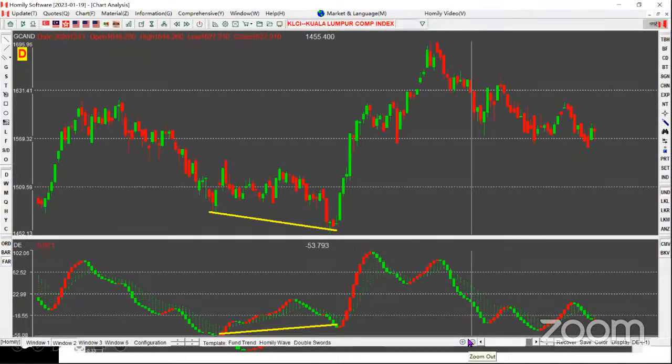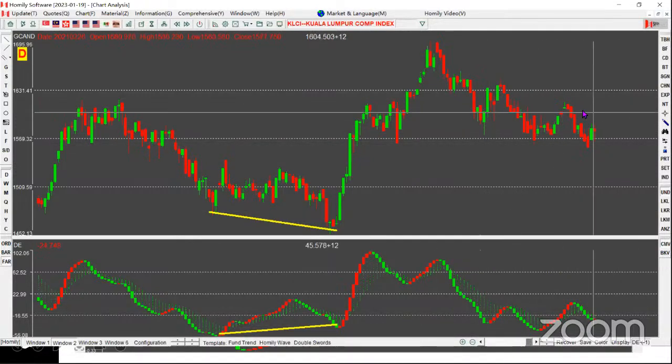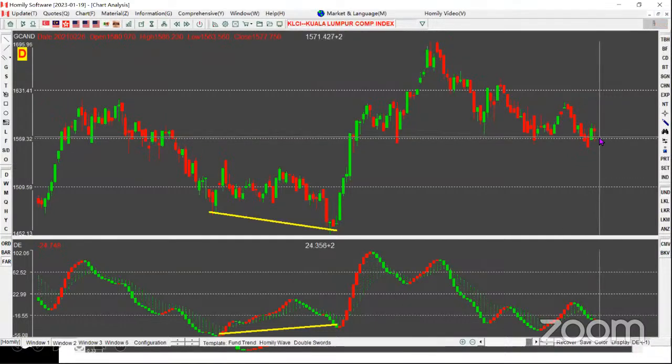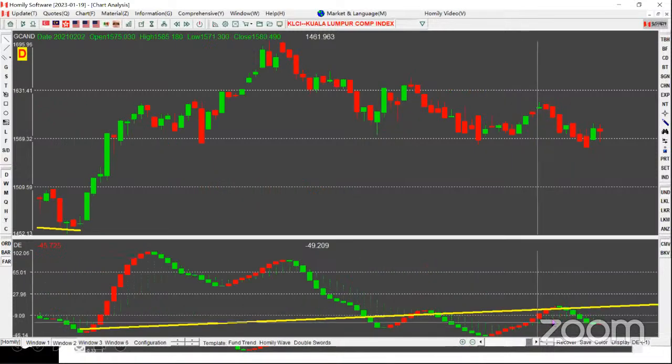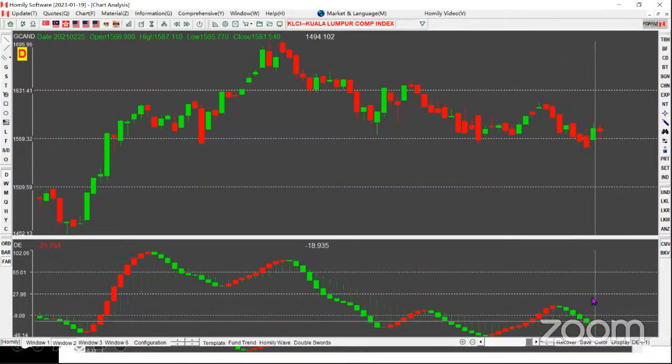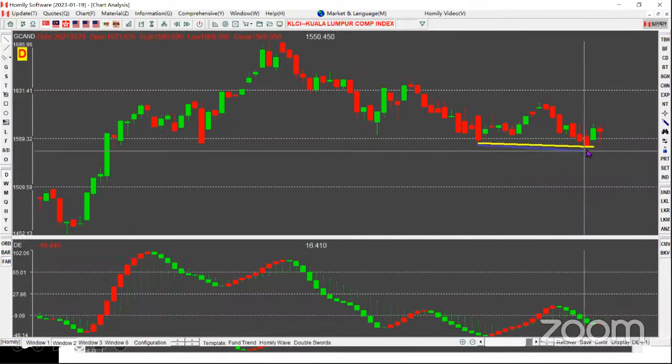If you follow only the trend expert or the candlesticks, maybe you will feel the trend is very bad. But if we combine with this deviation expert, now a bottom deviation appears.